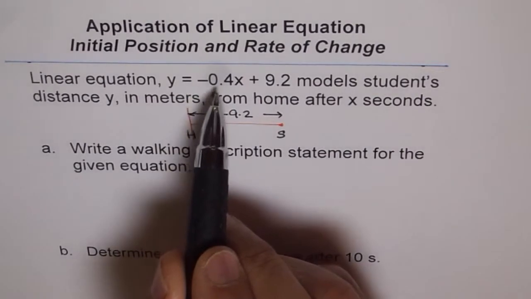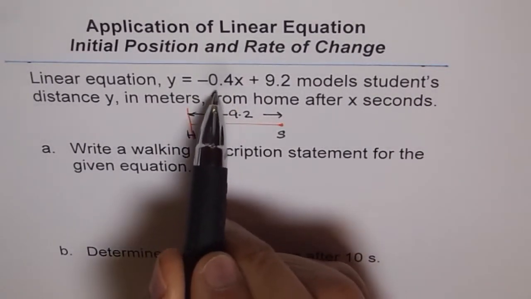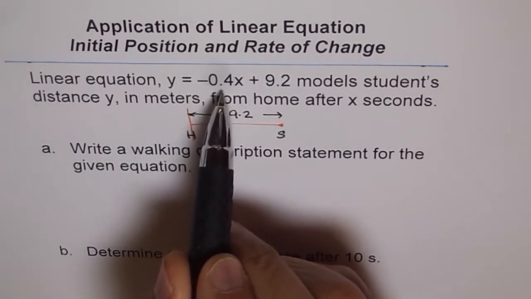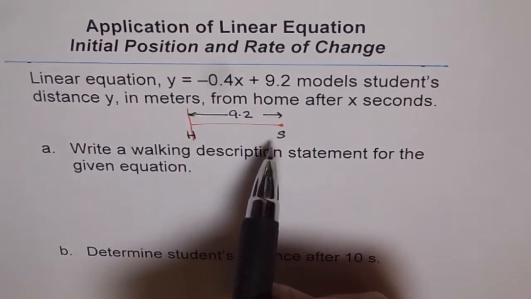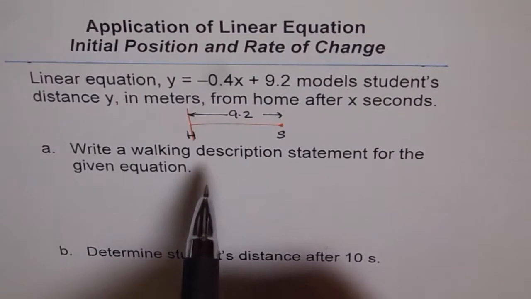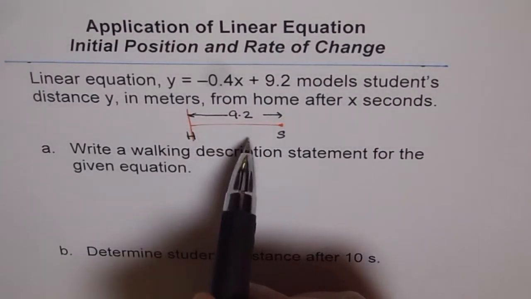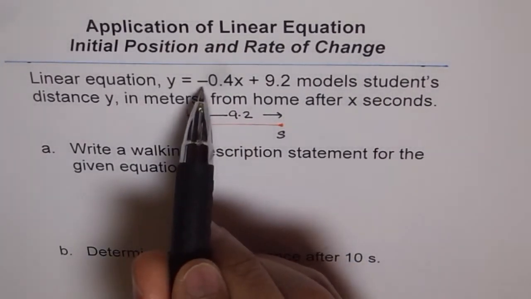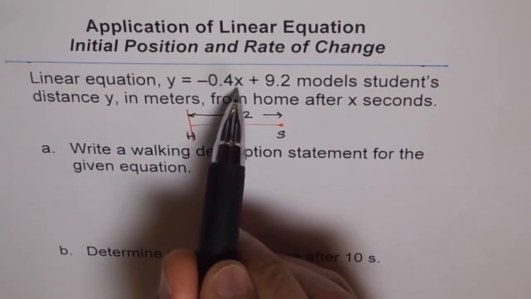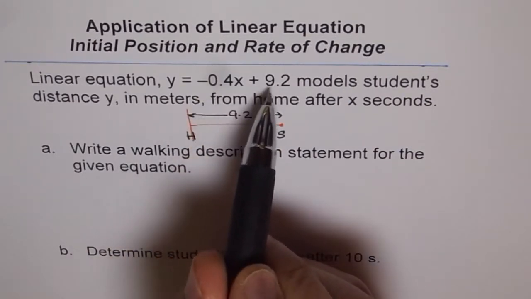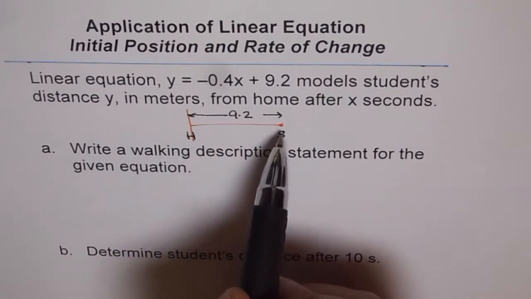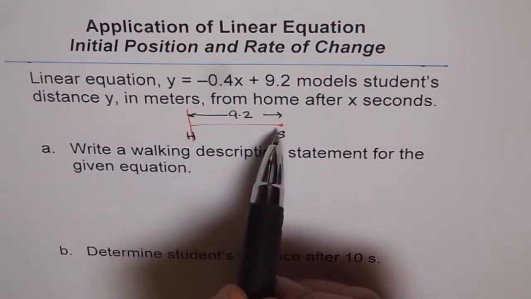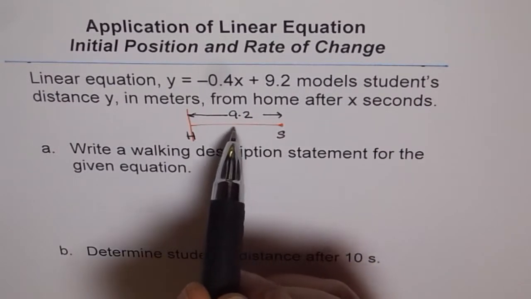Now, the minus 0.4x, minus is the rate of change. The rate of change of distance with time, that is speed, correct? Minus means if I write some value of x, this will be negative, and when you add it to 9.2, it will be lesser. That means the student is approaching home. That means the student is walking towards the house.